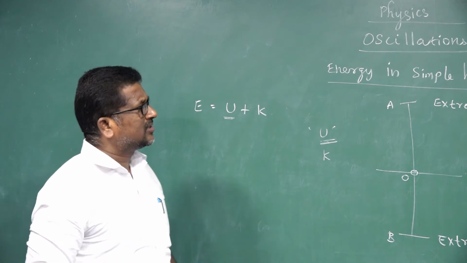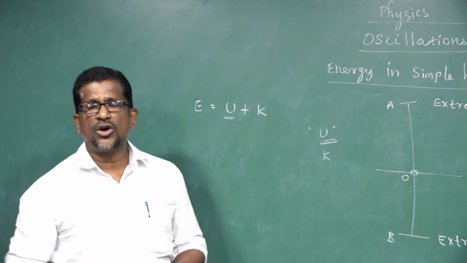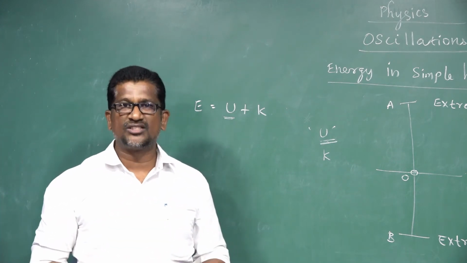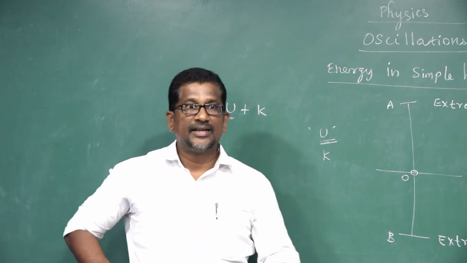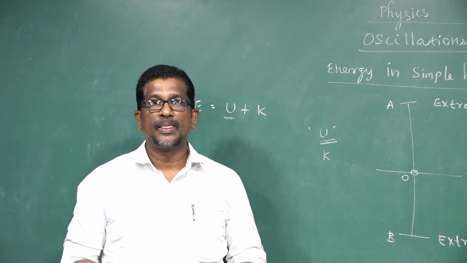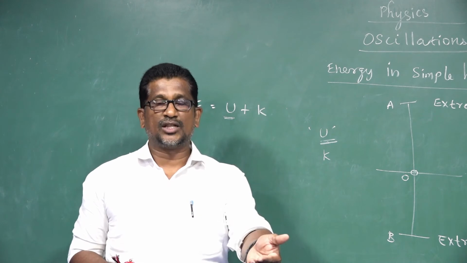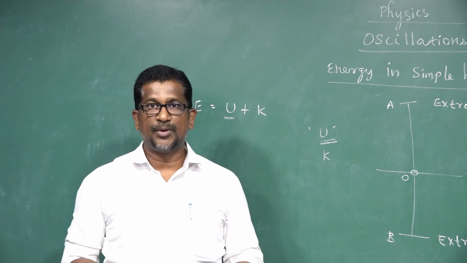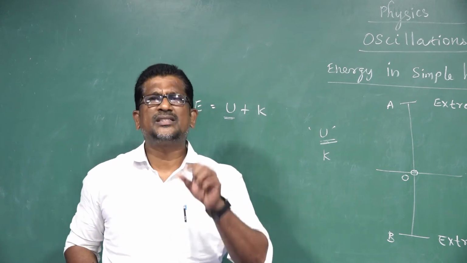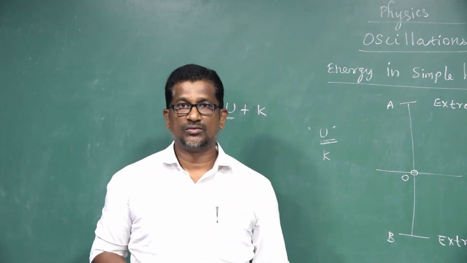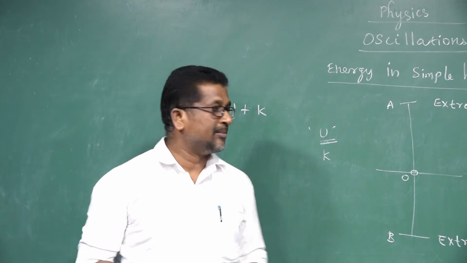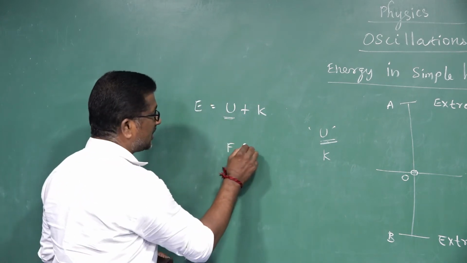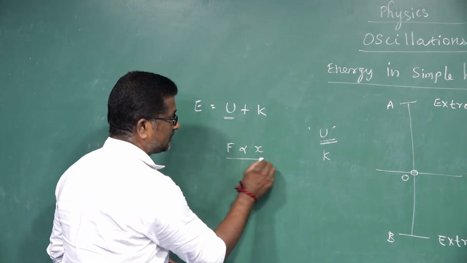We know the definition of simple harmonic motion: when the particle executes simple harmonic motion, the restoring force acting on the particle is always directly proportional to the displacement of the particle, and is always directed towards the mean position. That is, F is proportional to x.